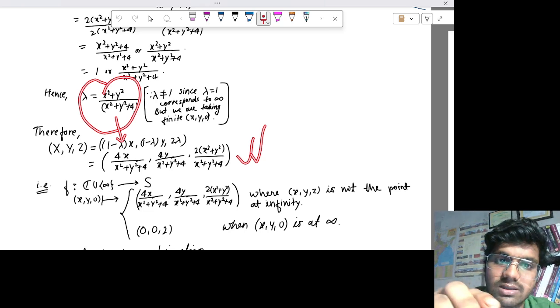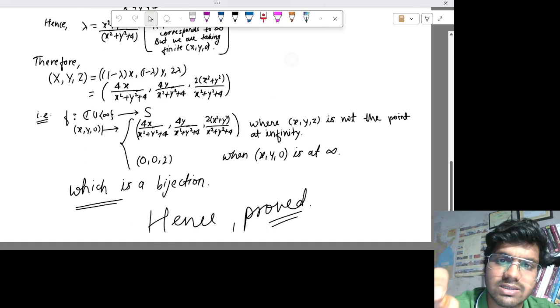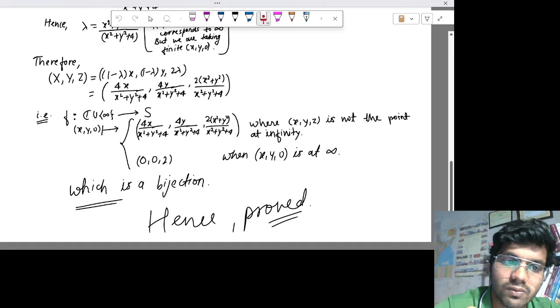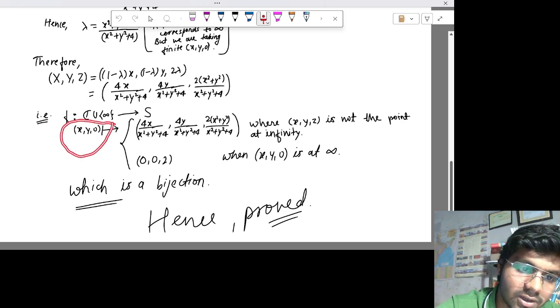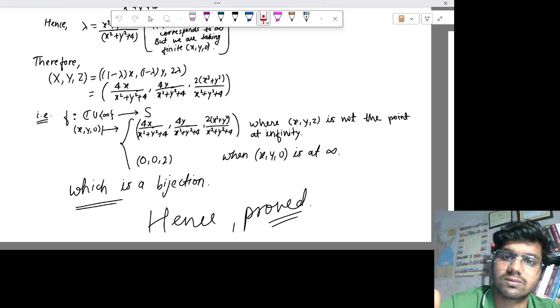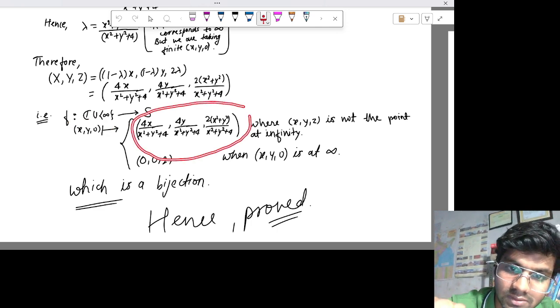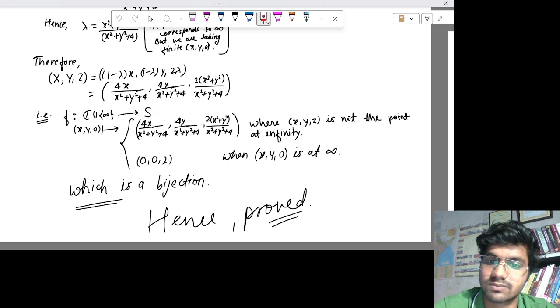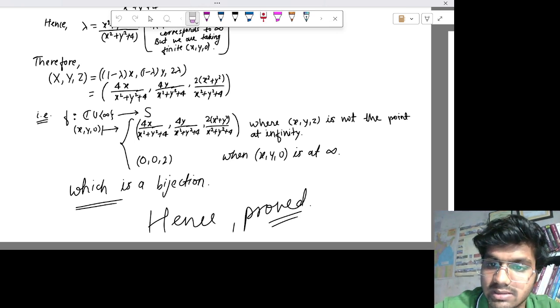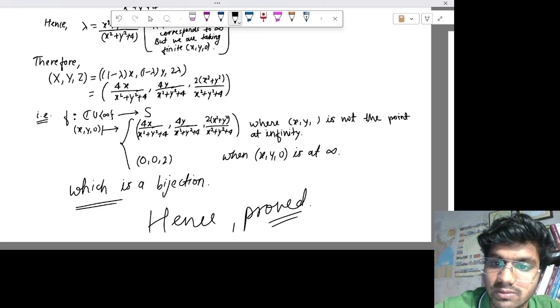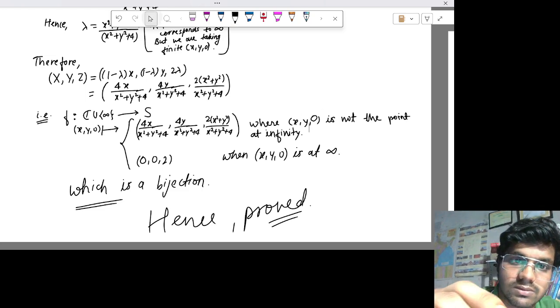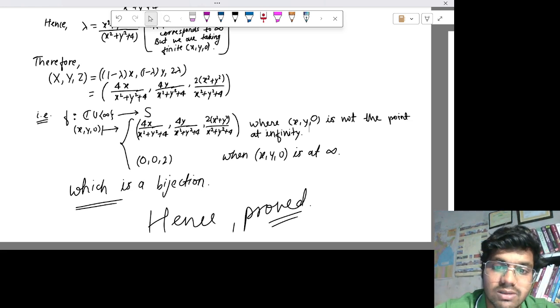That means we send the point x, y, 0 to this point on the sphere. Here x, y, 0 is not the point at infinity.